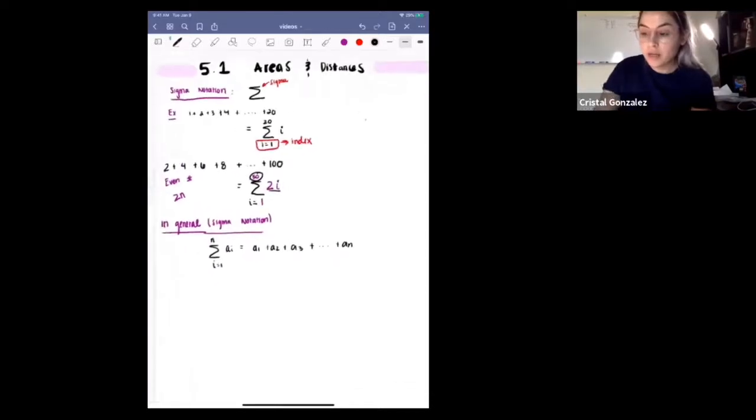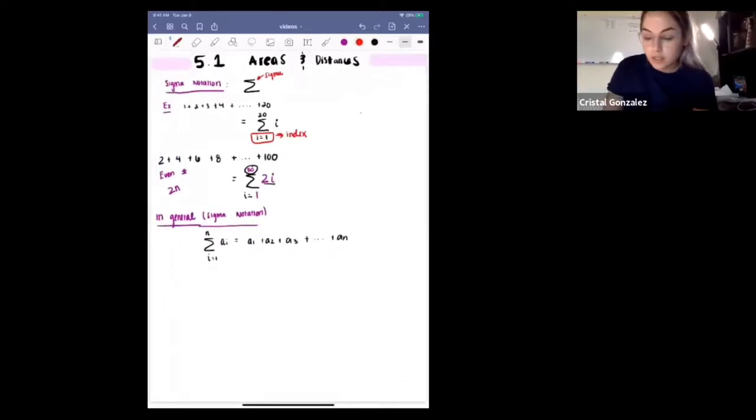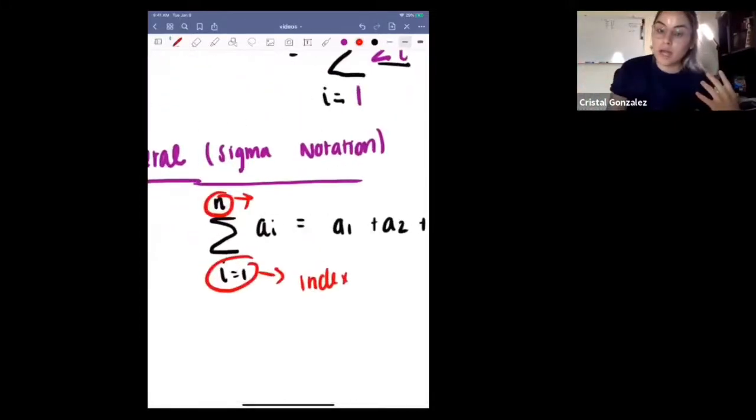So basically this is our index. This n here is what we call our upper limit of summation. It's as far as we're going to go; we're going to increase i all the way to this number n.